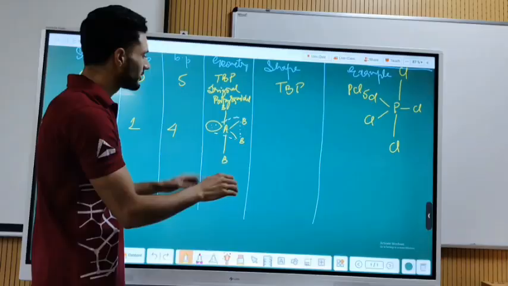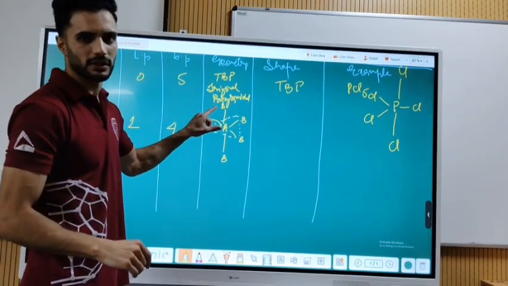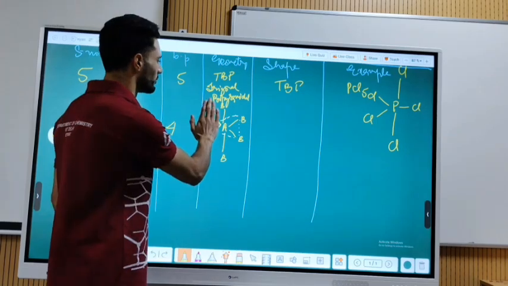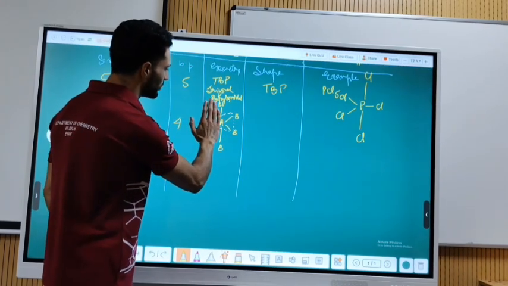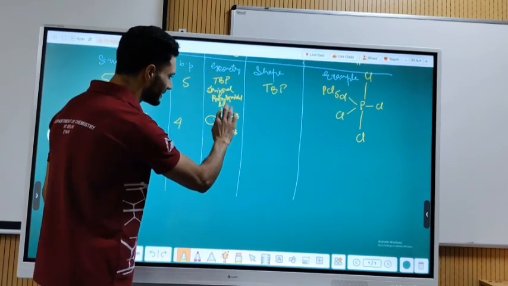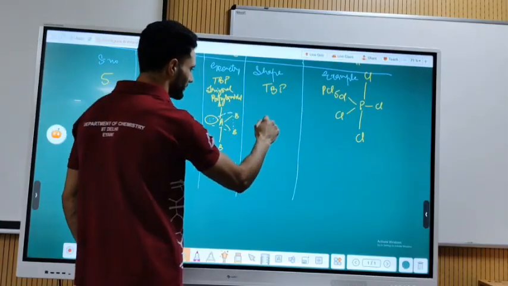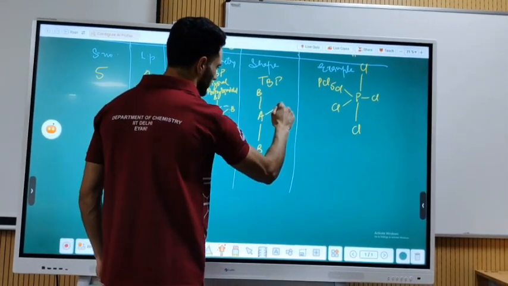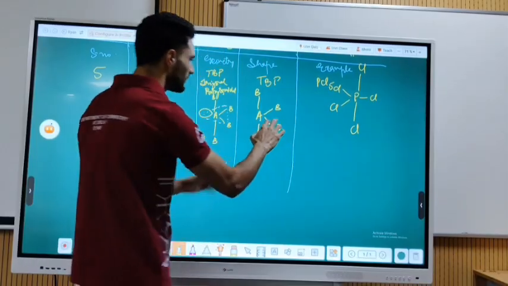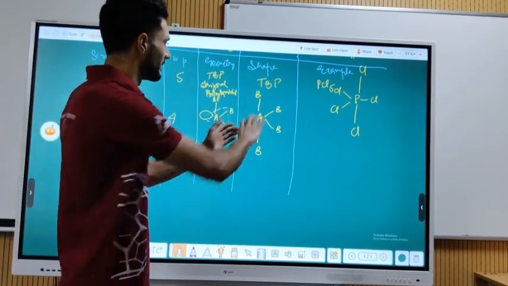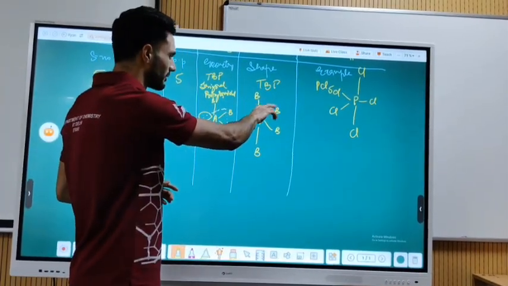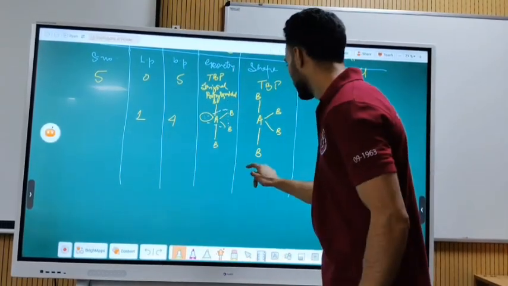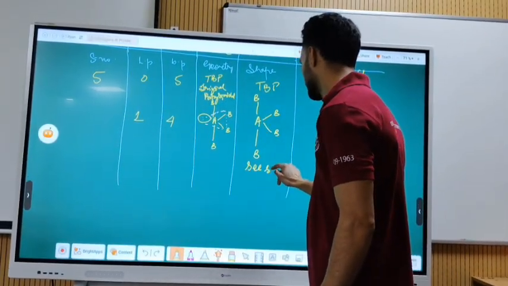The shape will not be trigonal bipyramidal now, because we don't include the lone pair. When we hide this lone pair, we can see the shape of a seesaw. This looks like an inverted seesaw; if we rotate it, it will be like a seesaw. So this shape is called seesaw.